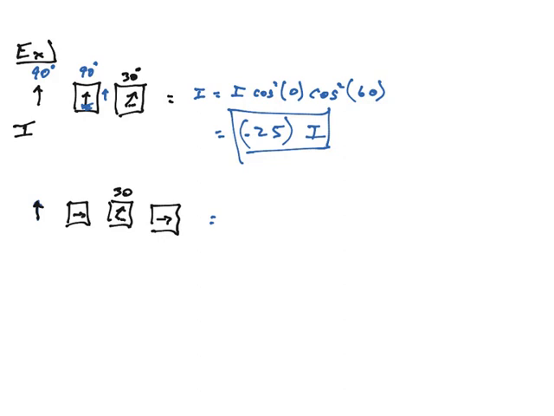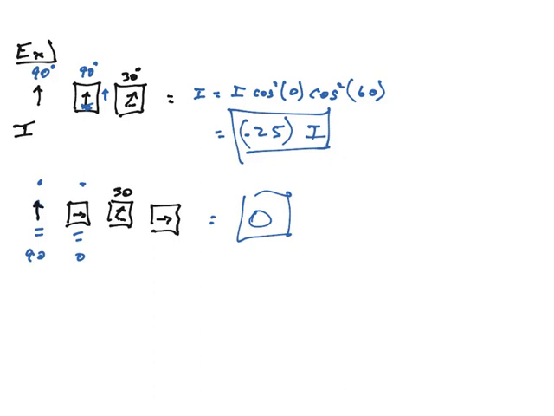Anytime you see one step and then the very next step is perpendicular to it, you always get 0. So notice here I'm at 90, here I'm at 0. I'm going from this one to this one with nothing in between, and they're perpendicular to each other. That means no matter what else happens later on, it doesn't matter. At this point, I've cut off all the light, so nothing gets through.